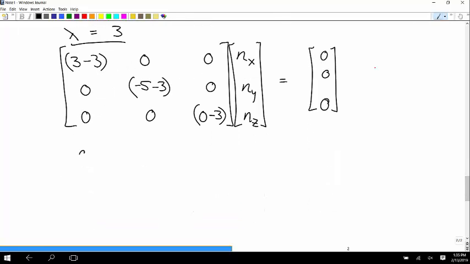So this matrix comes out to be 0, 0, 0, 0, -8, 0, 0, 0, -3.